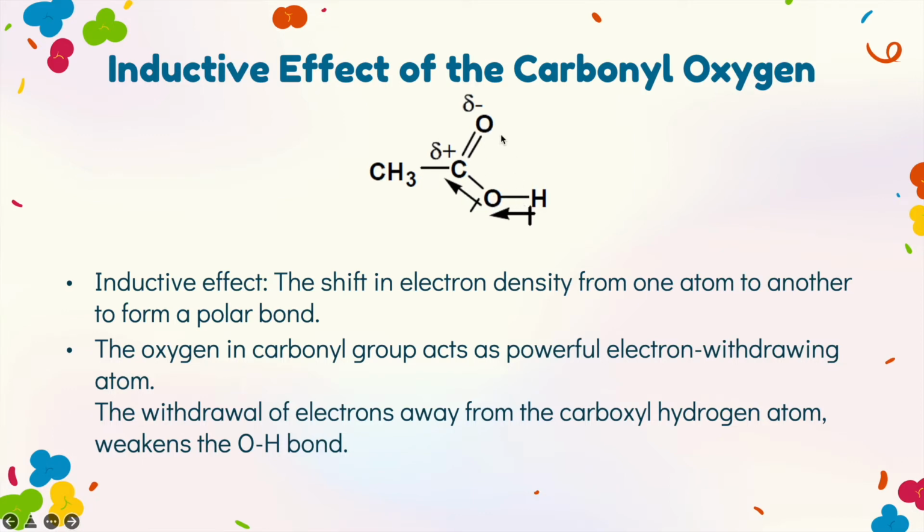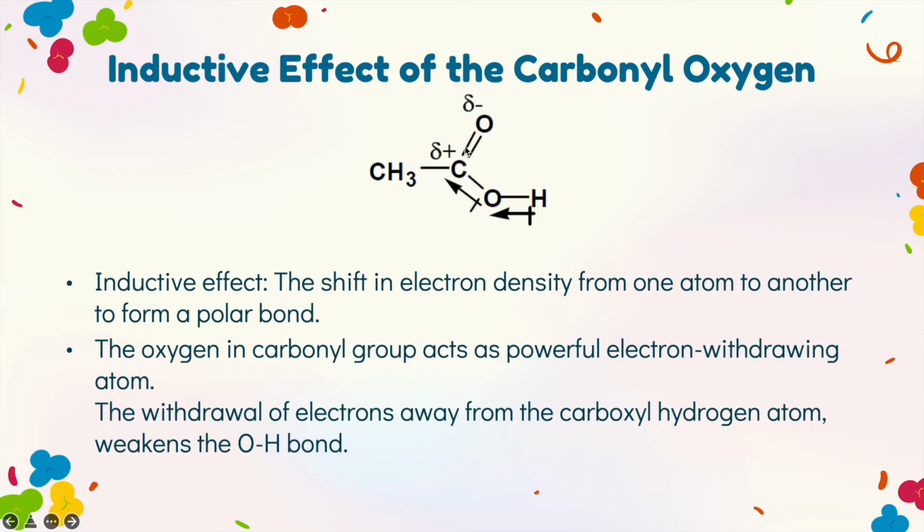This is the oxygen of the carbonyl, the oxygen that has the double bond, C double bond O. When the oxygen of the carbonyl withdraws the electrons towards itself, why does it do that? Because this oxygen is more electronegative, so it attracts the electrons towards itself.